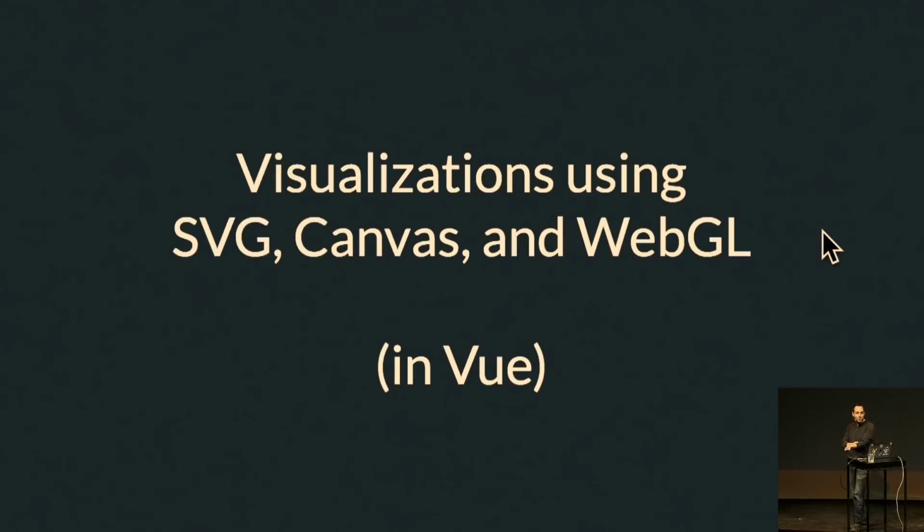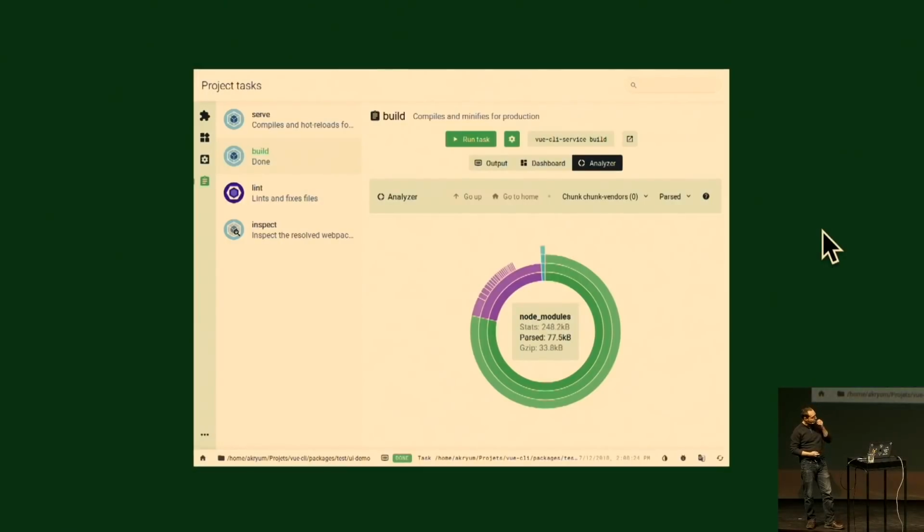So this is about visualizations using SVG, Canvas, and WebGL in Vue. This is a little screenshot from earlier in the day when Guillaume was talking about the Vue UI and showed off briefly this little chart that dives into what's taking up the most space in your dependencies, when you have a really big build.